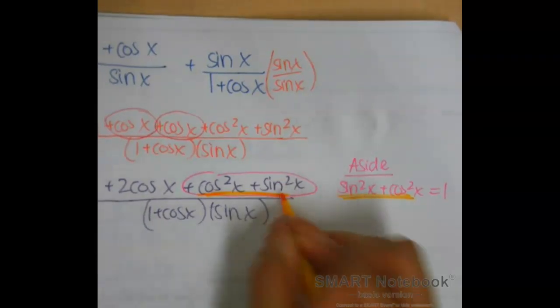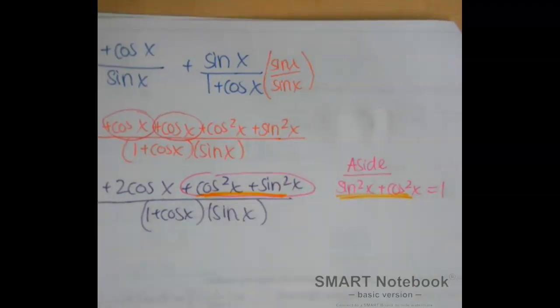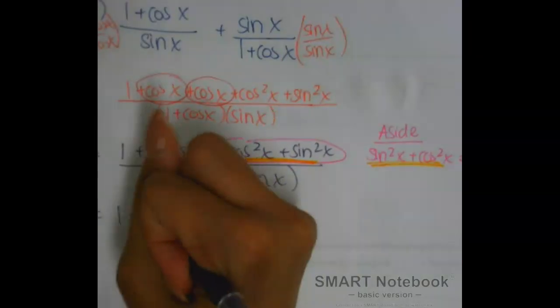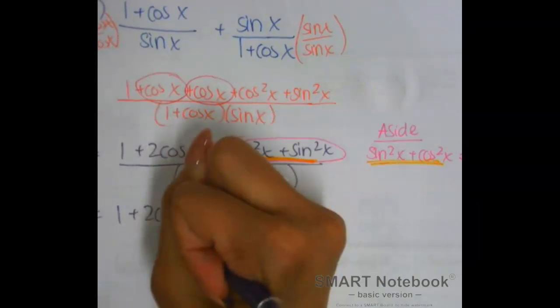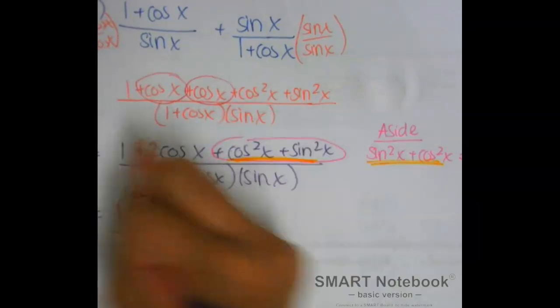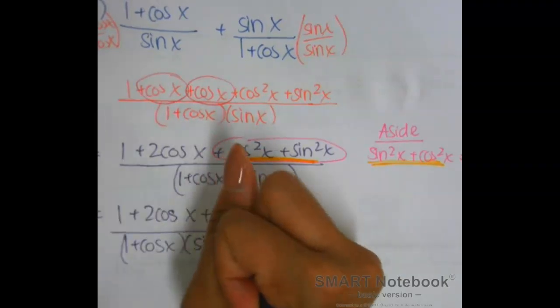Yeah, even though it's a little out of order, the cosine is positive, the sine is also positive. We can replace all of this with what, Chelsea? A 1. 1 plus 2 cosine x plus 1 all over 1 plus cosine x and sine x.